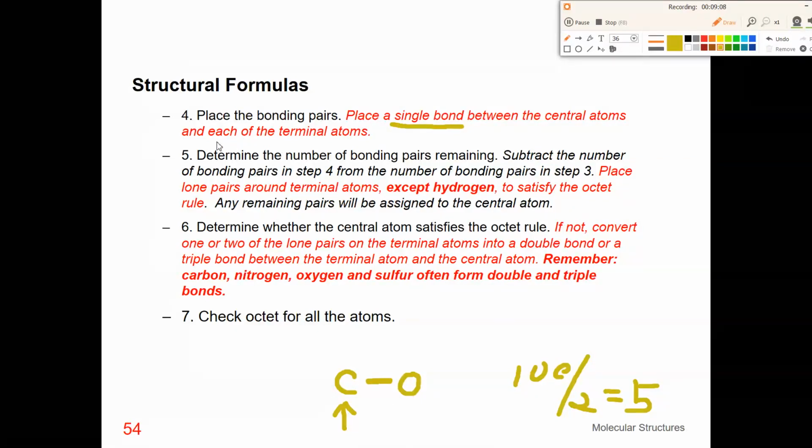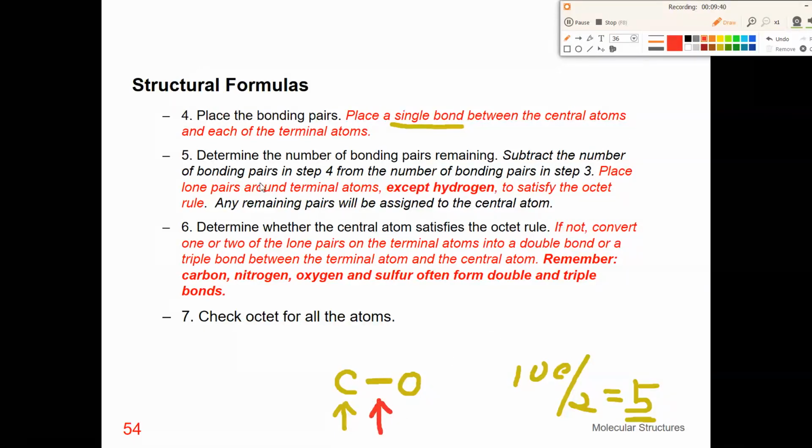Step 4: number of bonding pairs. So in step 3, we figured out there are 5 bonds, and in step 4, we put the 1 bond there.